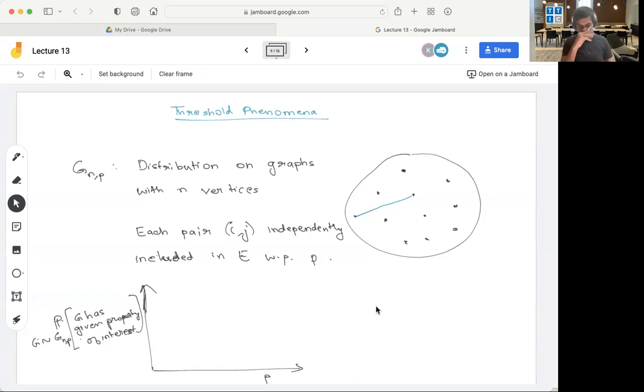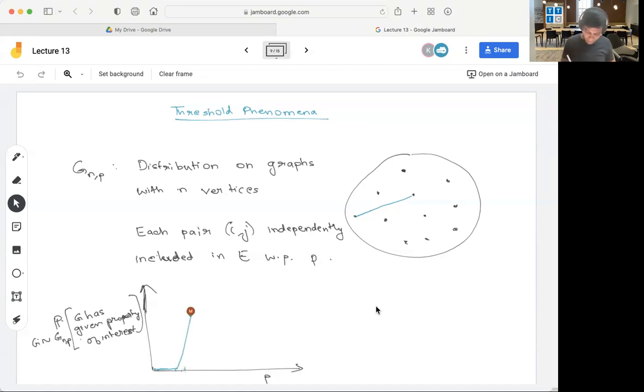How does this probability change as p increases? The reason we call this behavior a threshold phenomenon is that in a lot of cases we observe that up to certain values of p, the probability is essentially zero, very close to zero. And then within a relatively short interval, it shoots up.